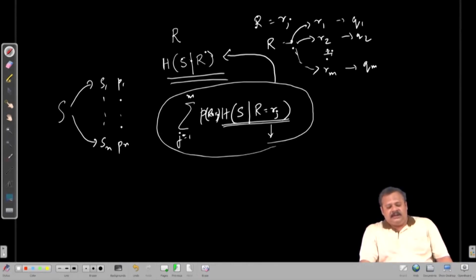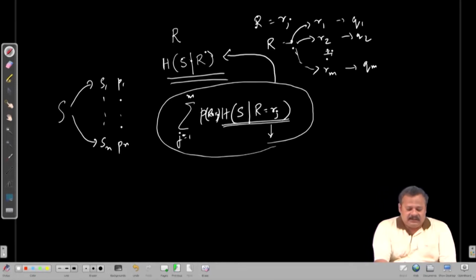That means it is essentially showing us the uncertainty remaining in S given that, on average, the response has occurred.